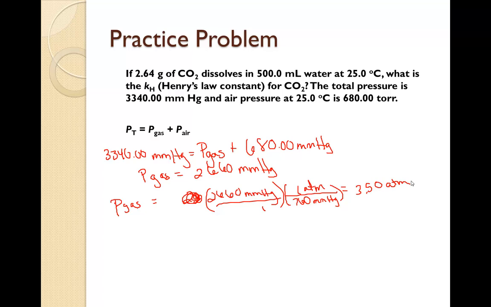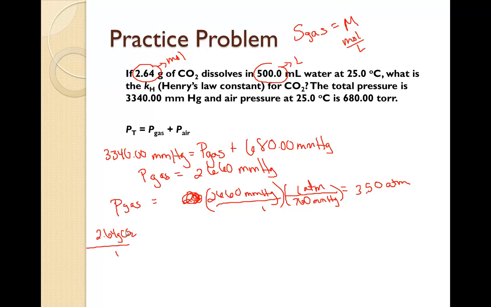Alright, so we need the solubility. S of the gas is the same thing as the molarity, so we need moles over liters. We need to convert the 2.64 grams to moles, and the 500 milliliters to liters. So 2.64 grams of CO2 over 1.